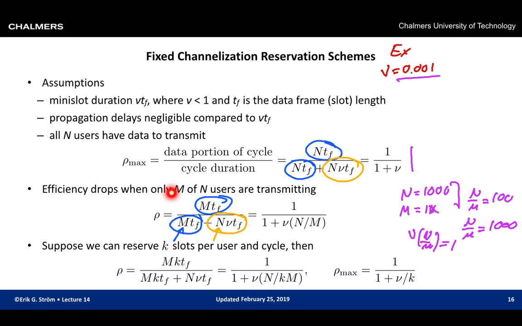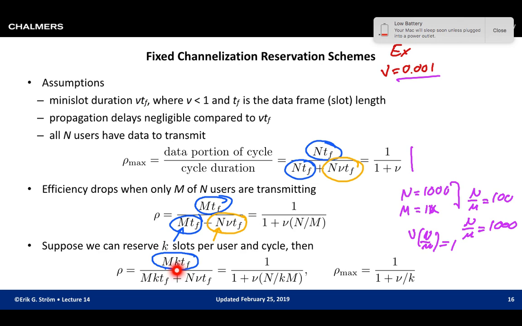We can counteract that a little bit. If these users have a lot of data to transmit, then we can maybe reserve not only 1 slot, but say up to k slots per user in a cycle. So then we get a situation where the data portion is m, because we have m users, we have k slots per user, and there's tf seconds per slot. So the blue part would be m times k times tf. That blue part we see down here, and then the reservation interval is the same. It is still n times nu times tf.